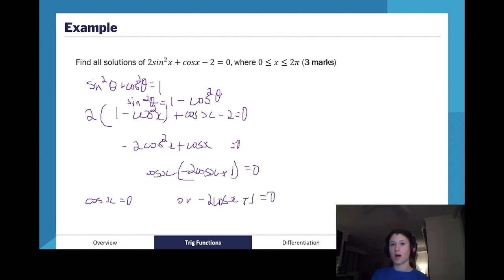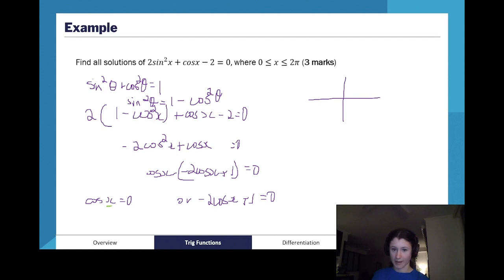So between 0 and 2 pi, cos of x equals 0 when our x values are 0, right? I don't mean our x value here.